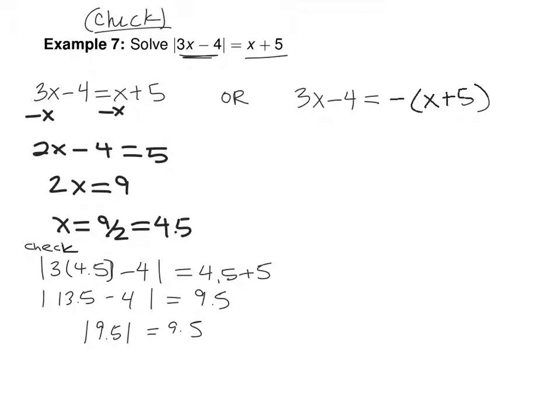Okay, so that is a legitimate answer. We've checked it out. Great. Ooh, one solved, one to go. So this one is 3x minus 4 equals, what happens when that negative distributes? Negative x minus 5, very good.